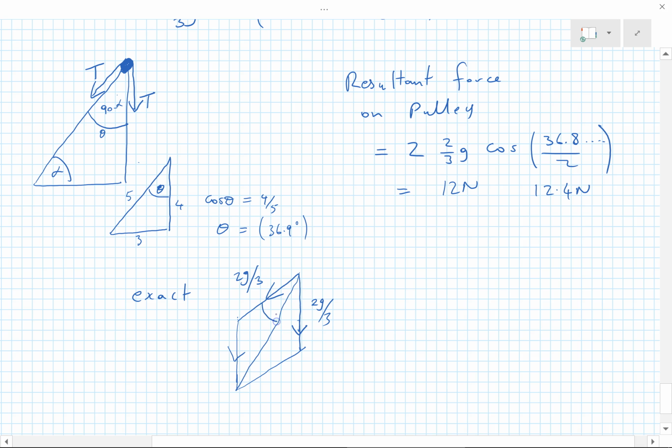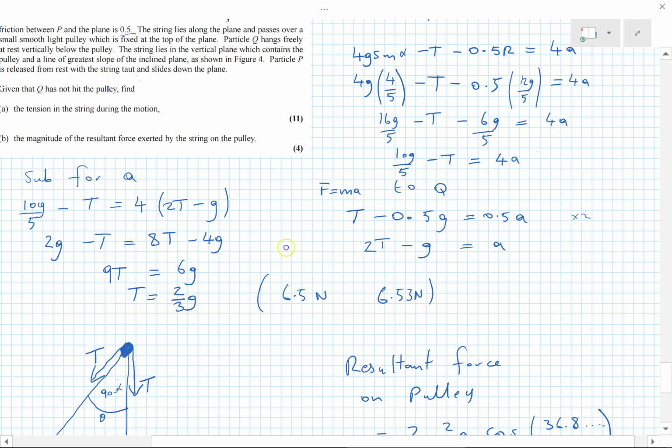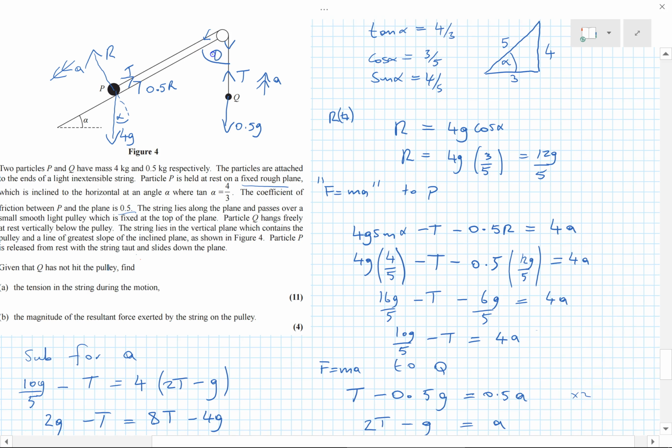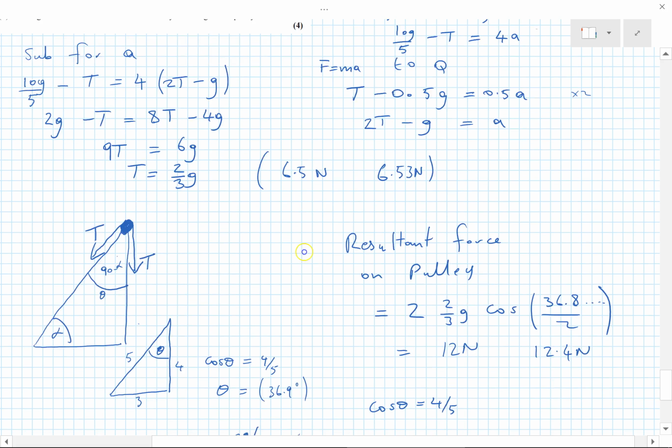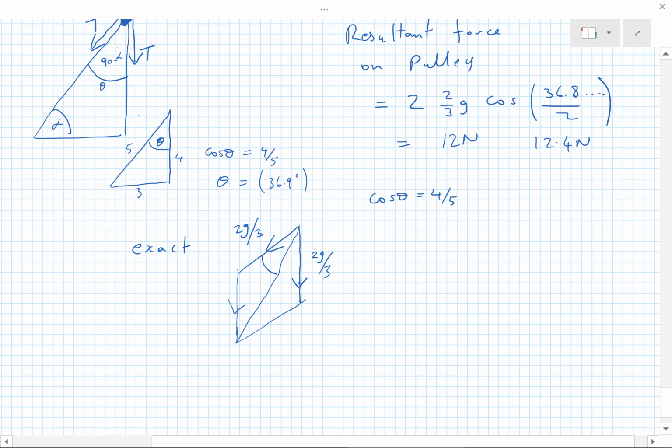I'm going to mark this angle here, and call the whole angle theta as we did before, where cos theta is 4 over 5. So this angle is theta over 2, because it's half of it.